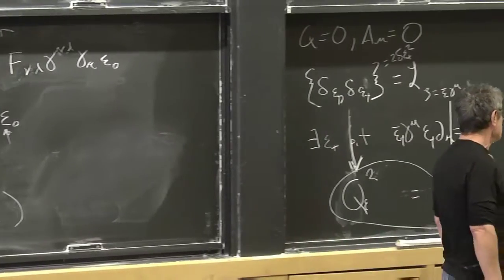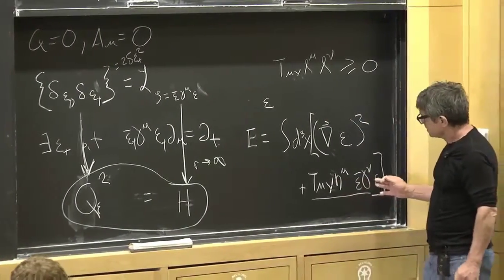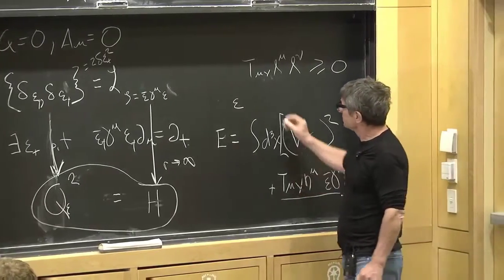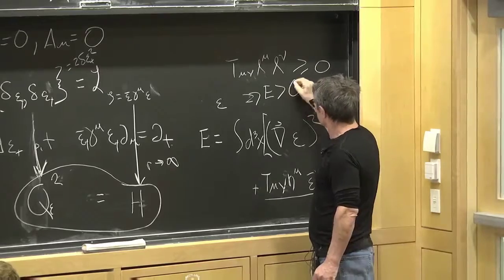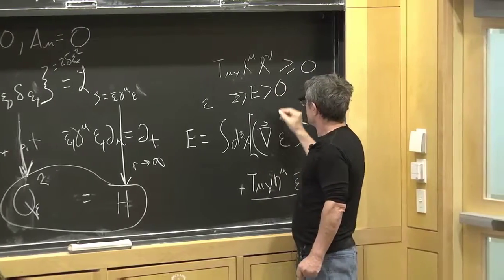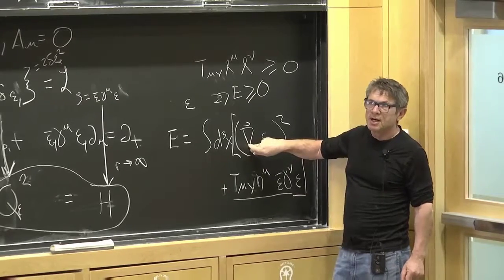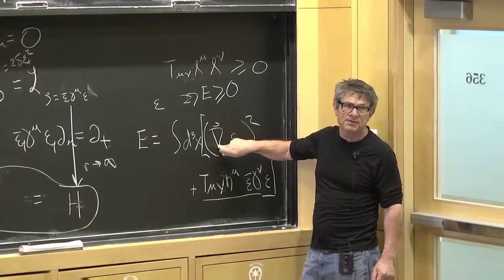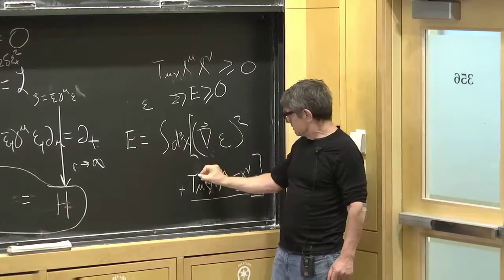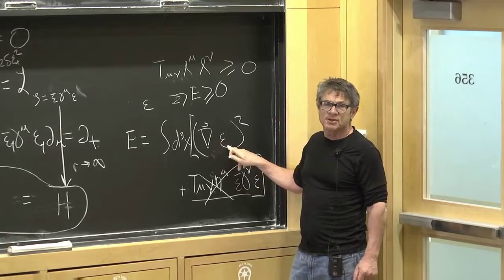Now, we get a little more than the fact that the energy is positive. So this implies that E is greater than or equal to 0. But in order for it to be 0, we need both of these terms to vanish since they're separately positive. So we need T mu nu to be 0. And we need grad epsilon to be 0.